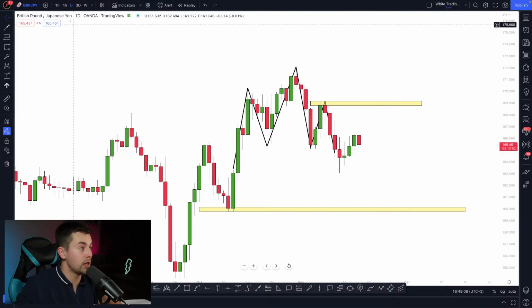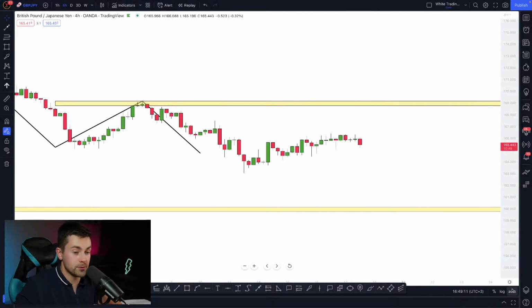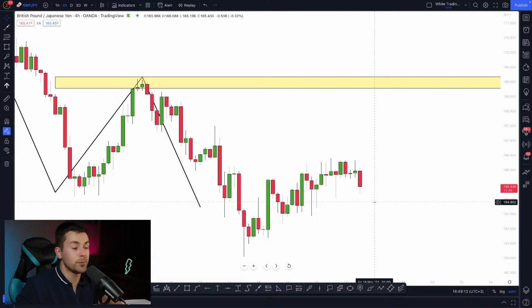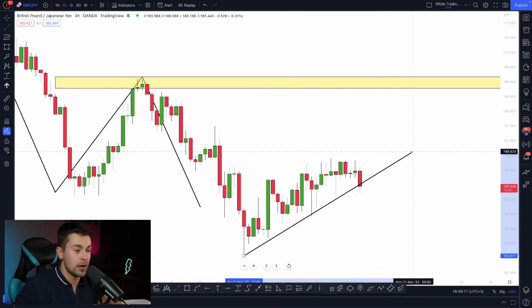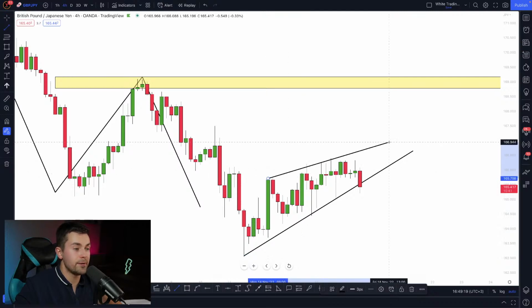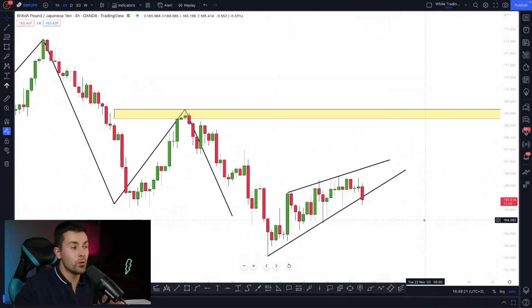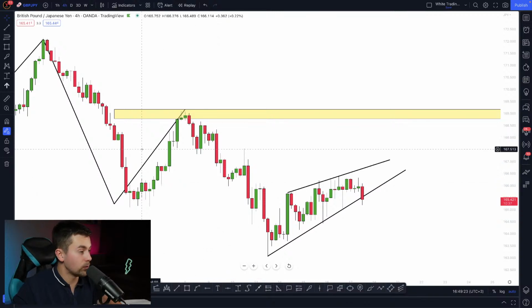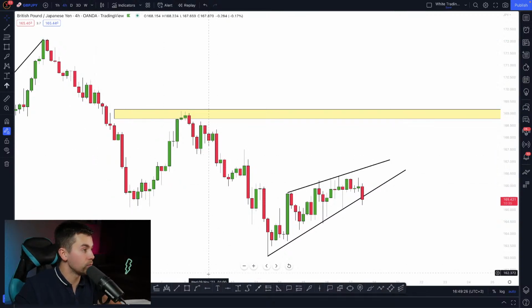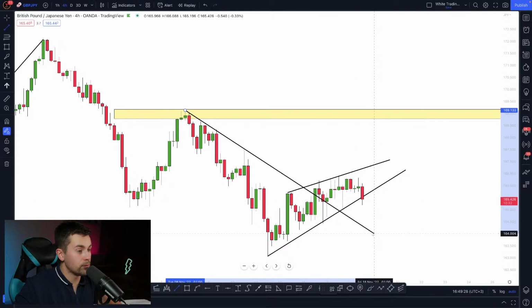Now let's check the intraday outlook, what is happening on lower time frames on the pair. Here on the 4-hour time frame, I want you to realize that right here we have a very nice rising wedge pattern. Yes, very cute one. By the way, I wanted to show you one more very important thing right here.